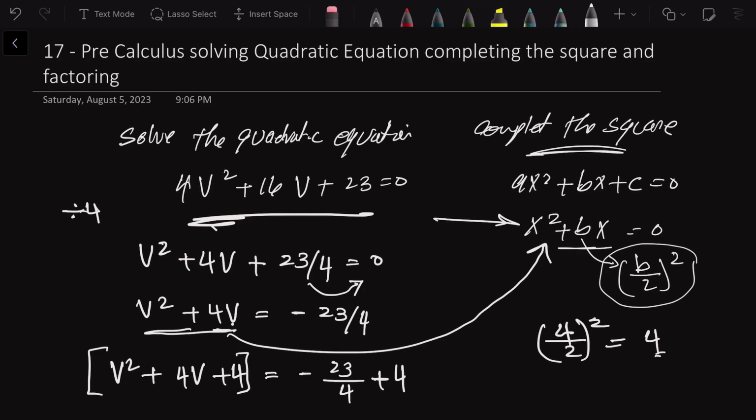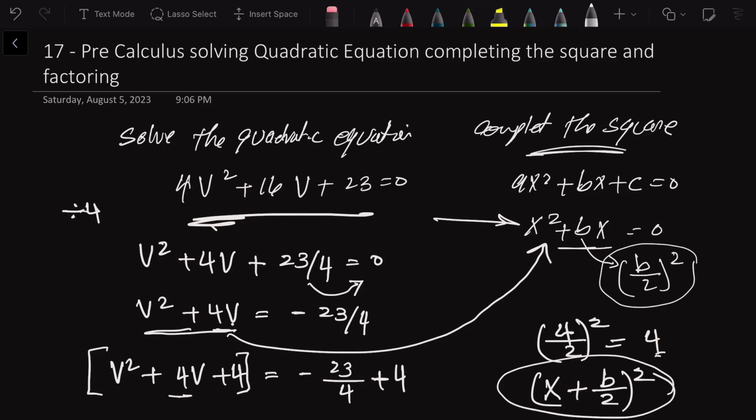for this equation here. So once we get it in that format, you take the x plus b over 2, all squared, and that's going to be your factoring for this.